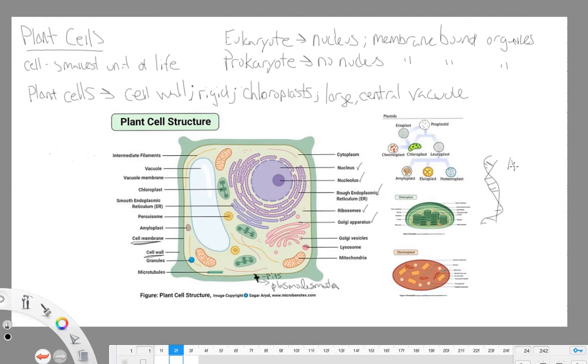It is the sequence of these bases, which are adenine, thymine, guanine, and cytosine, that is going to code for a particular protein, and it is the interaction of proteins with the environment that creates a trait, whatever trait you're talking about.